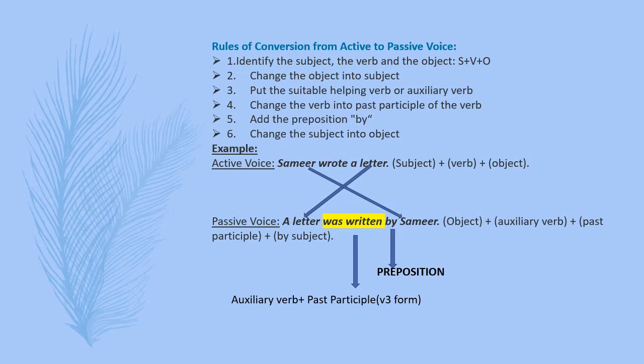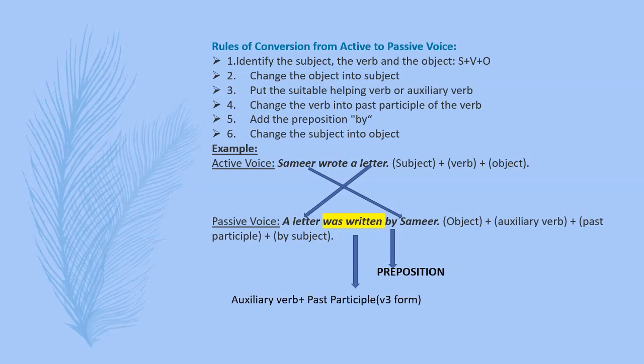Next is change the verb into past participle. So what is this past participle in a sentence? Past participle is the V3 form of the base form of the verb. So what would be the base form of wrote? Definitely it would be write, and V3 form of write would be written. So a letter was written. And then what next?